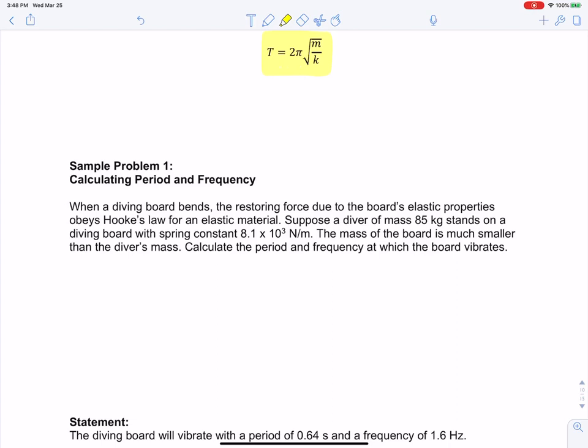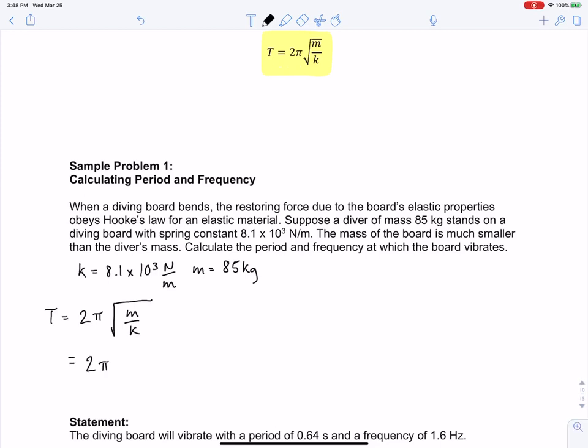Let's write down what's given. We have a spring constant of 8.1 times 10 to the power of 3 newtons per meter. And we have the mass of the diver, which is 85 kilograms. We can determine the period of the simple harmonic motion using the formula 2 pi times the square root of mass divided by the spring constant.